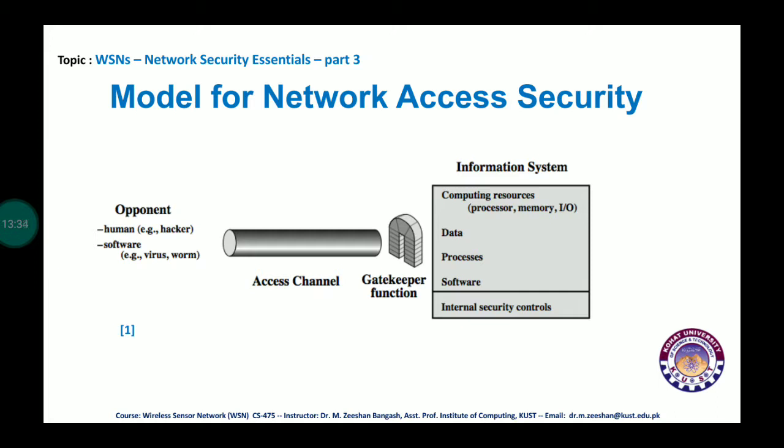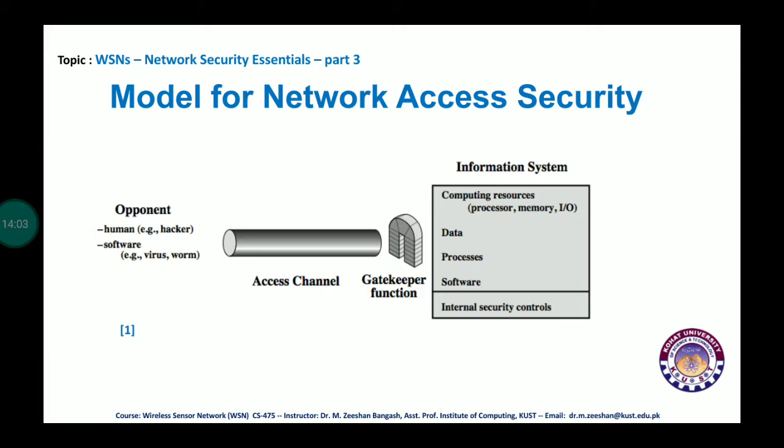In this figure, the concern is controlled access to resources or information on a system in the presence of some intruders who try to intercept the information or try to make inappropriate use of resources.